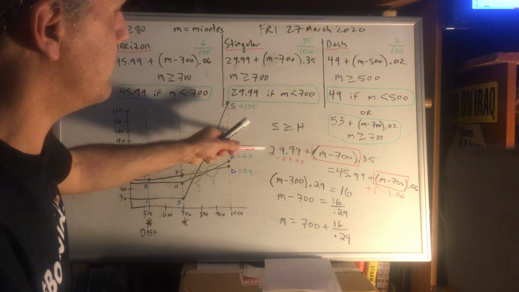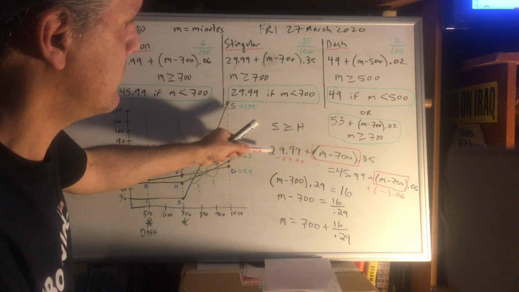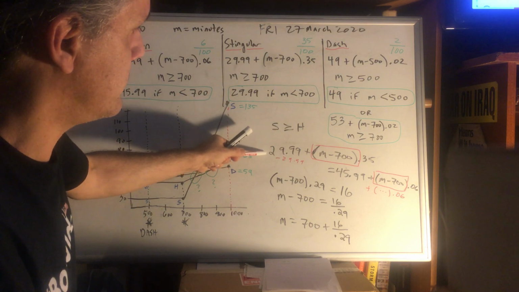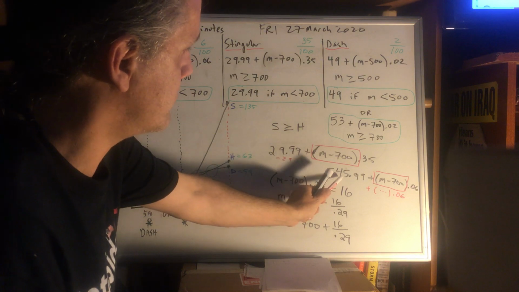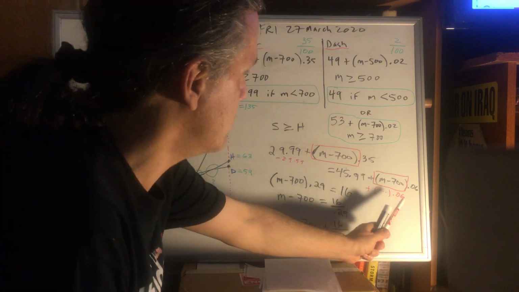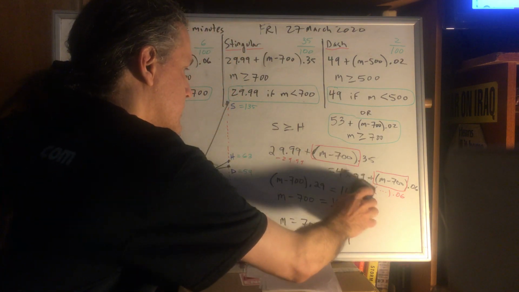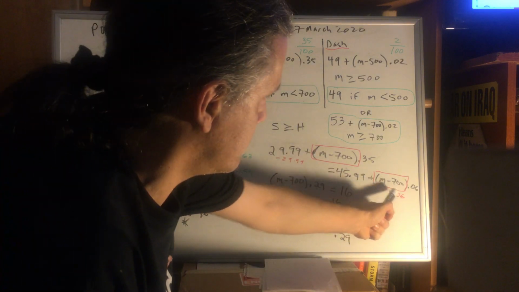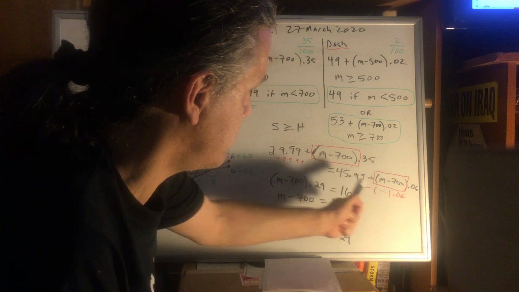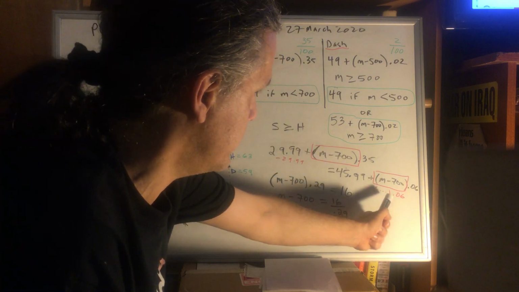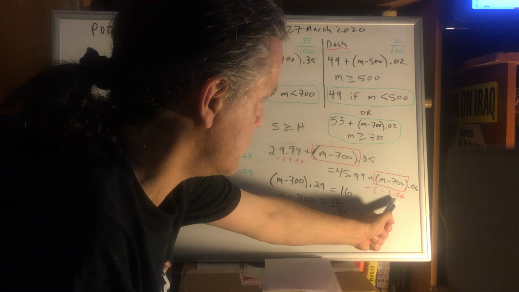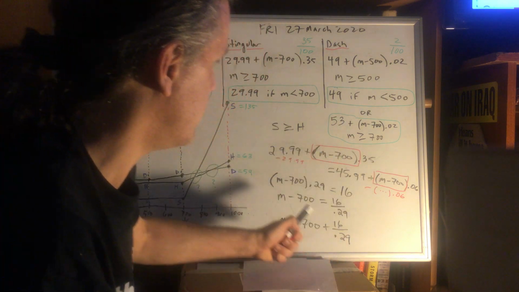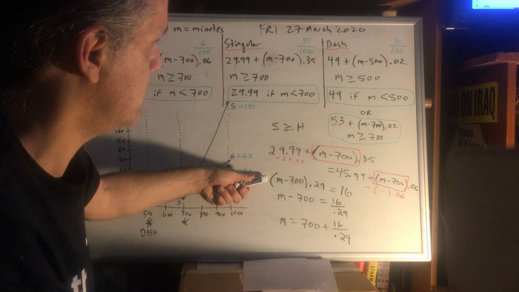So notice I put these two equal to each other. I subtracted the bigger number, the smaller number. So I'm subtracting the smaller number from this. And wait, this should be minus, not add. And then since this quantity m minus 700 is the same as that, you can chunk it. So I subtracted 0.06 from 0.35, and that's how this happened.